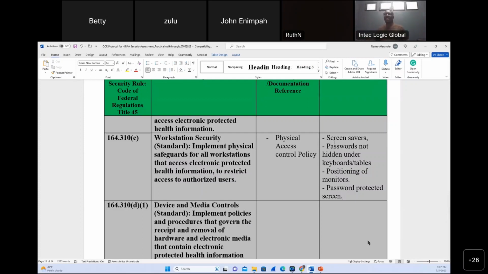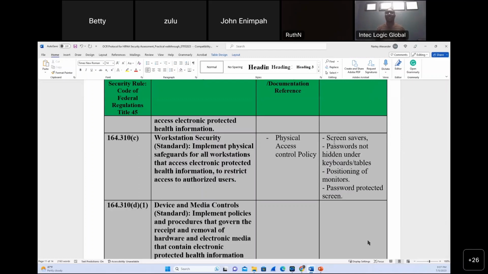Does the printer require you to badge in before it prints for you, or is it the old school printer where you issue the command, then it prints, then you go and pick it? Sometimes when you issue a command, someone steals that PHI, you get there, there's nothing, and you think the printer is not working, so you issue another command, right? Somebody has stolen it. So you check all those things.